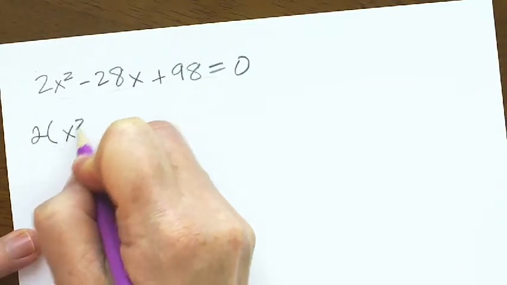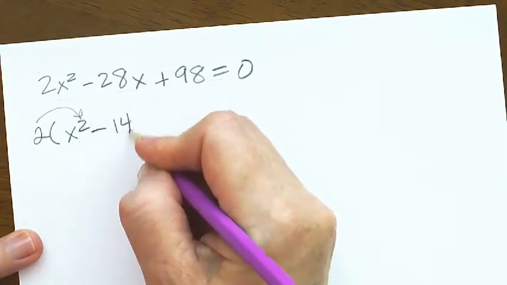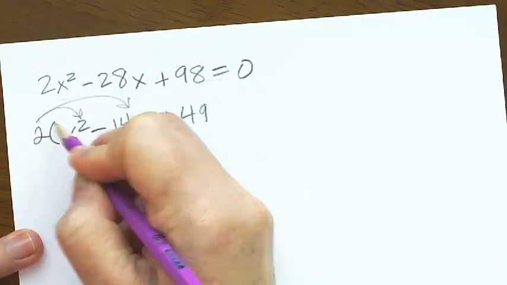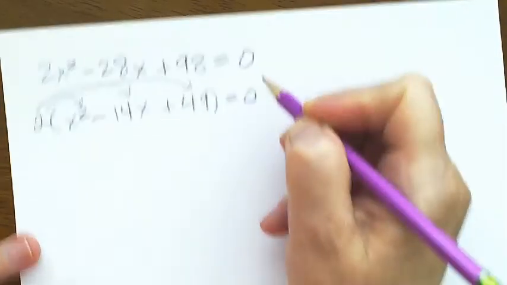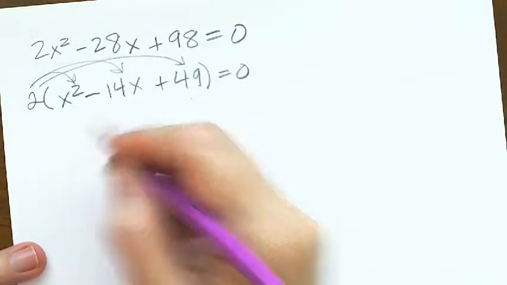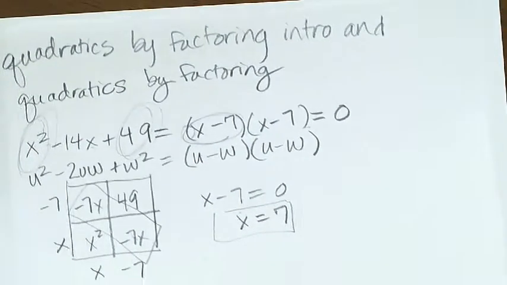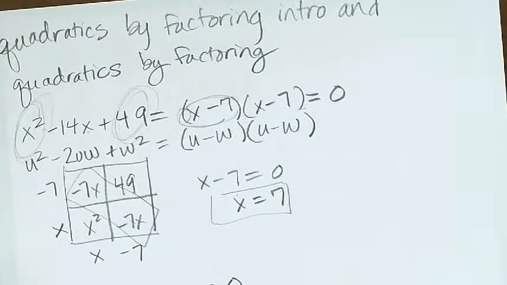I'm going to take that 2 out, so that's going to give me 2 times x squared minus 14x plus 49. And I think I just did this example. So this factors into, this is why it's good to take notes, x minus 7 times x minus 7.